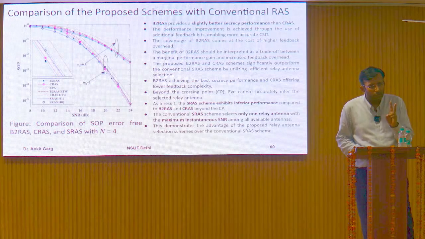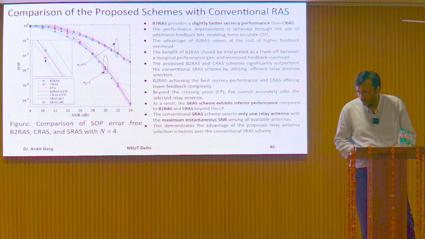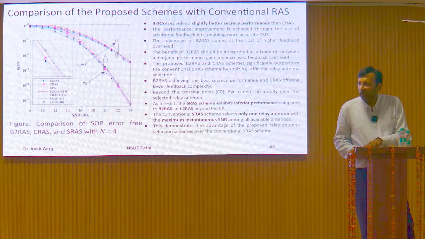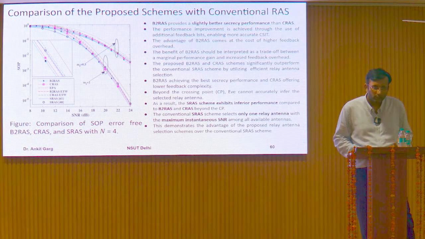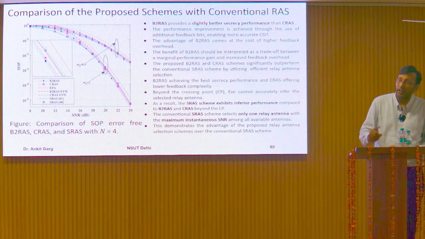Selecting the best 2 antennas and selecting a single best antenna. We are looking to compare these 2 things, right? In the cluster relay antenna selection CRS scheme, we are selecting the best antenna from each cluster. So in a way, we are activating 2 antennas, right? So activating 2 antennas and activating a single antenna.